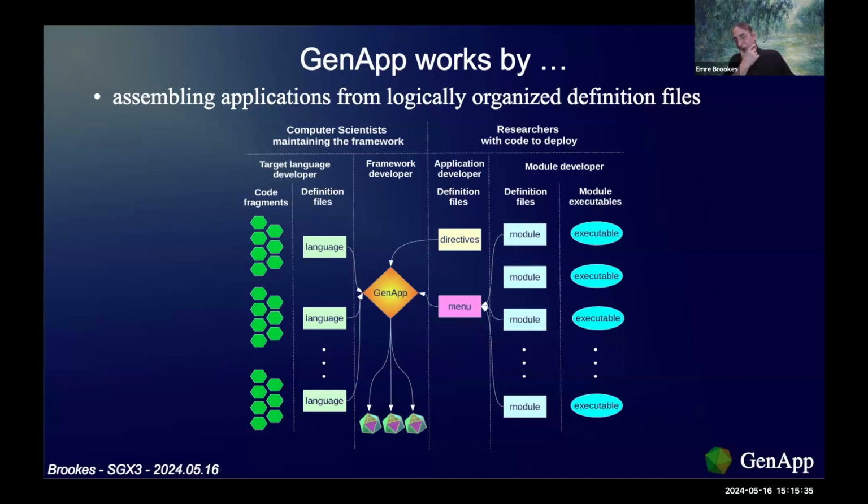We have multiple targets, so that same set of definitions can be used to build web apps or other things. I'll mention some of those as we come up. I'm not going to go into details as to how this all works, but it's similar on the other side, where we have language definition files and code fragments that get assembled.